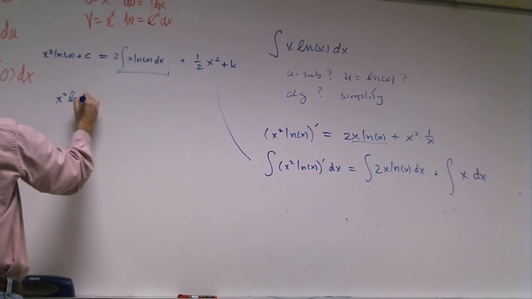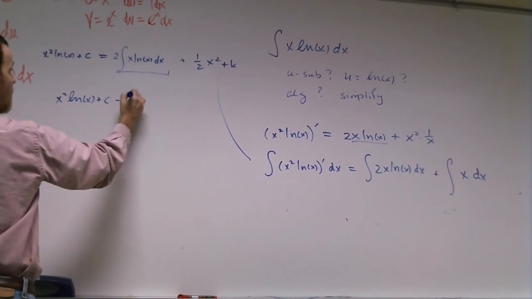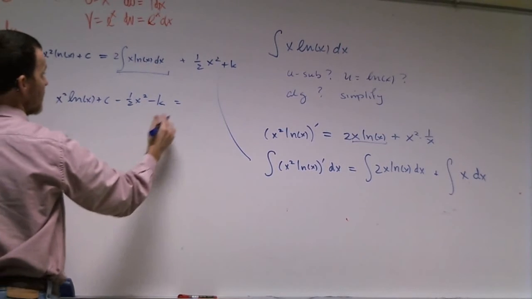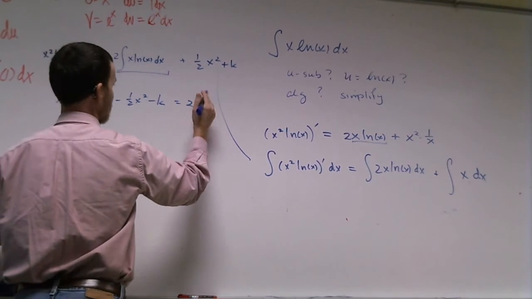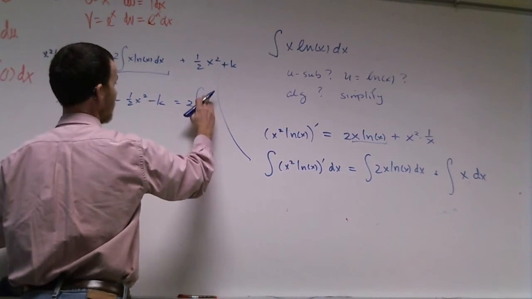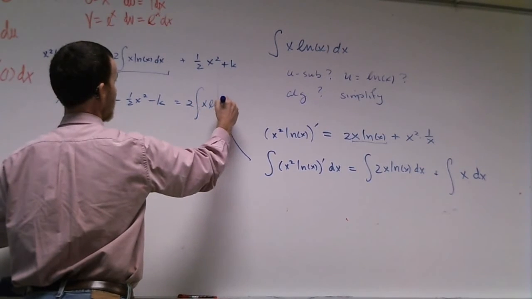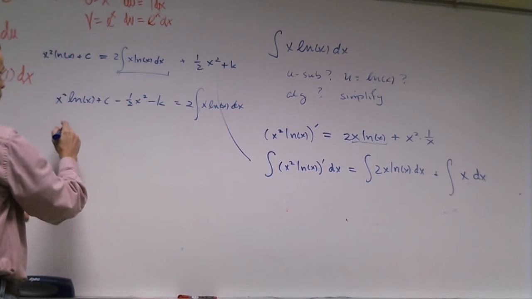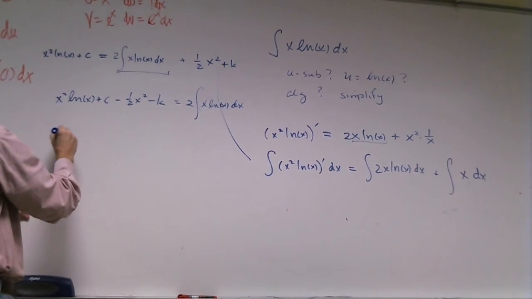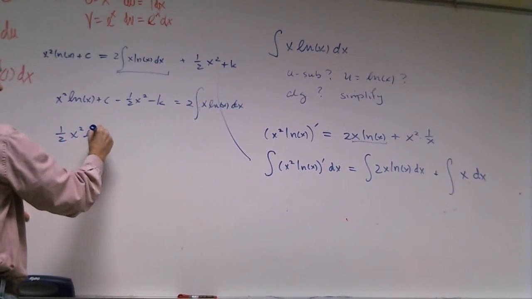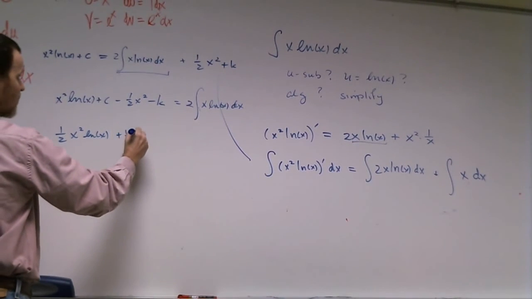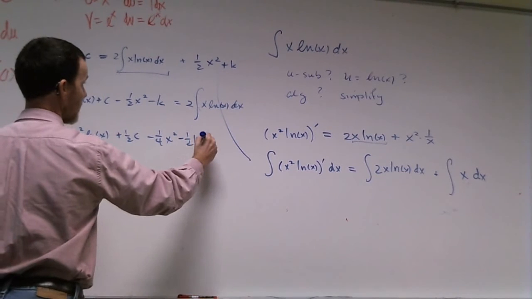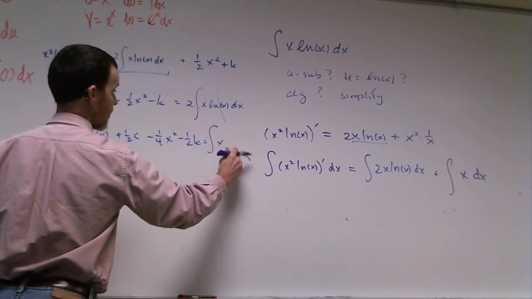x squared ln of x plus c, minus 1/2 x squared, minus k, is twice the integral of x ln of x dx. Divide through by 2, or multiply by 1/2. 1/2 x squared ln of x plus 1/2 of c, minus 1/4 of x squared, minus 1/2 of k, is the integral I was trying to solve for.